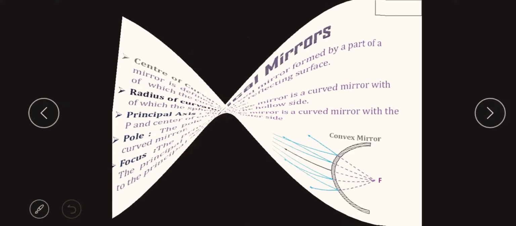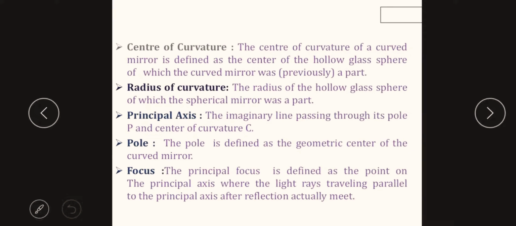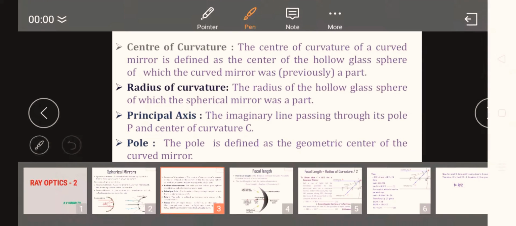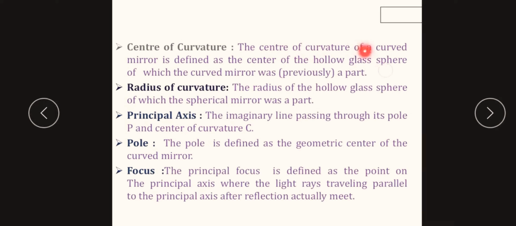Once more I will explain the definition: the center of curvature of a curved mirror is defined as the center of the hollow glass sphere of which the curved mirror was a part. That is what we call the center of curvature.